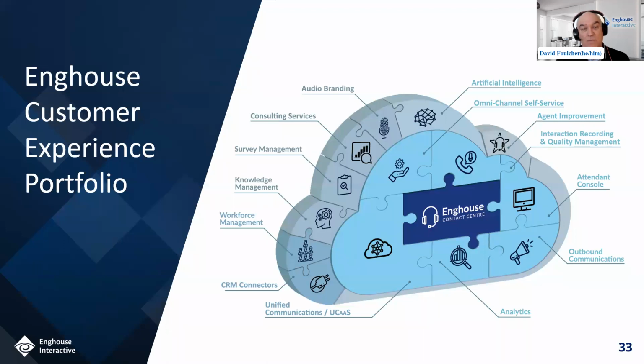So we have multiple deployment options, but most significantly over the last few years, that has been moving more to a cloud-based deployment option, and our cloud Contact as a service solution is now available locally on an Azure node in Sydney.